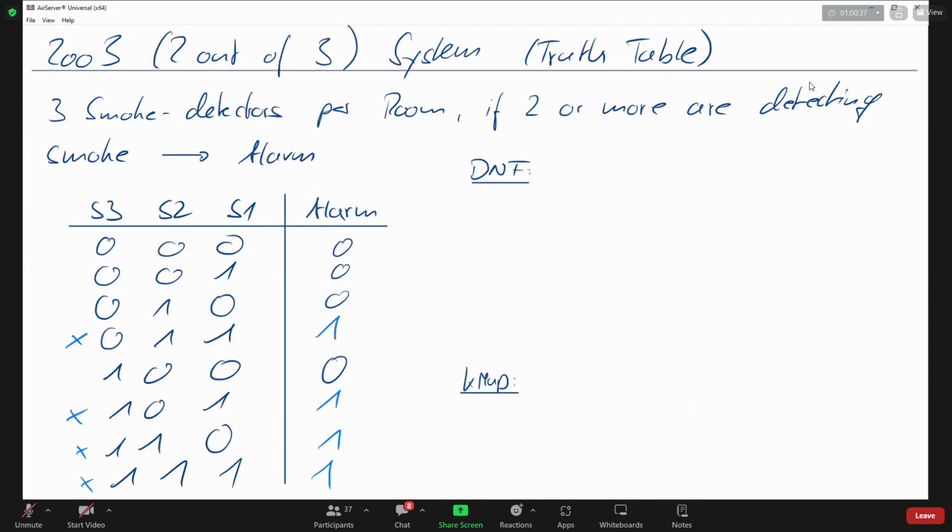So what do I have for KMap? When did I get an alarm? So I'm getting an alarm here for each of the light blue outputs.